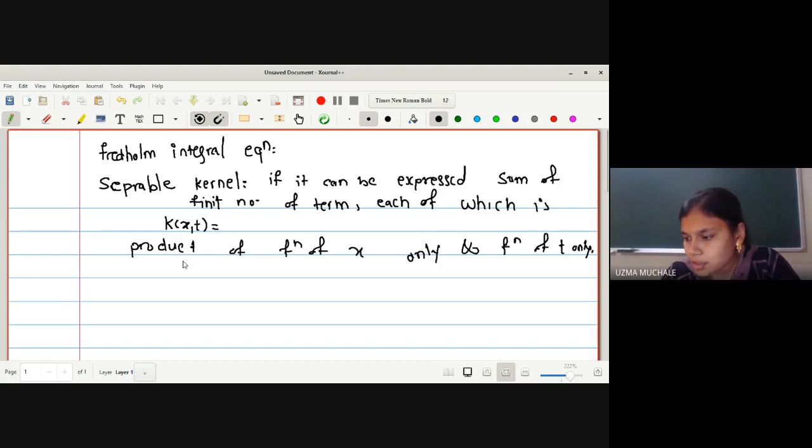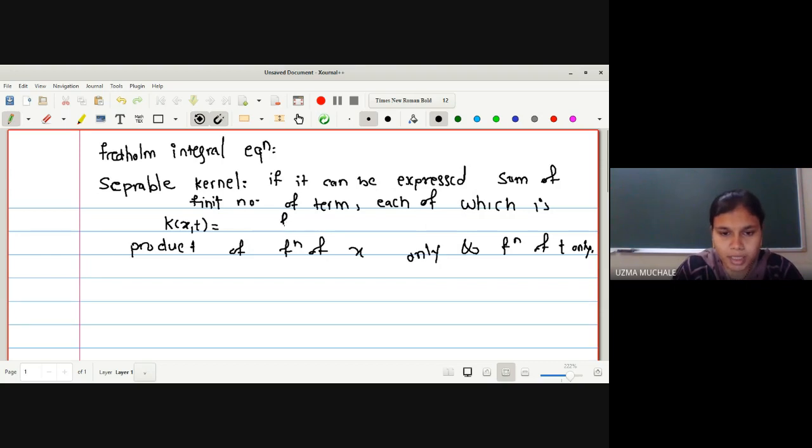Can anyone tell me what K of x,t will be equal to? What is given here? A product of a function of x only and a function of t only.